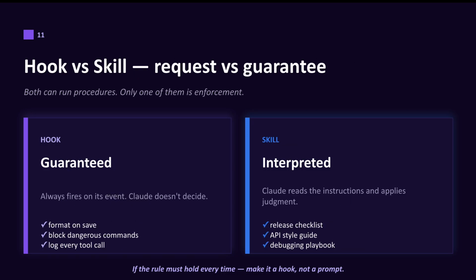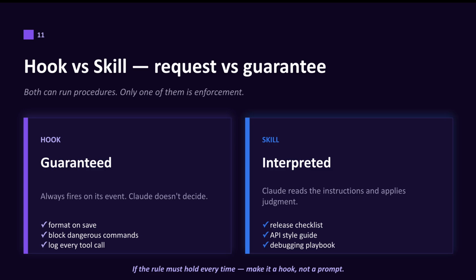Now let's talk about hooks versus skills. Another commonly confused pair, hooks versus skills. Both can run procedures. The difference is guarantee. A skill is interpreted. Claude reads the instruction and decides how to apply it. Outcome can vary. A hook is guaranteed, always fires on its event.